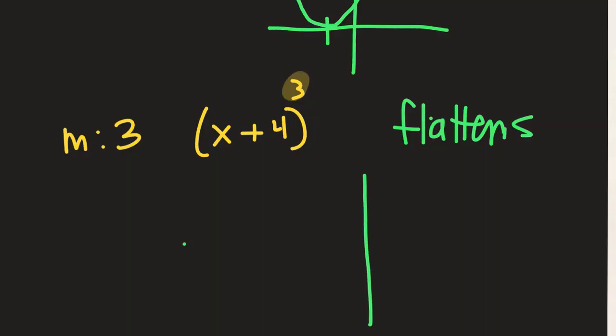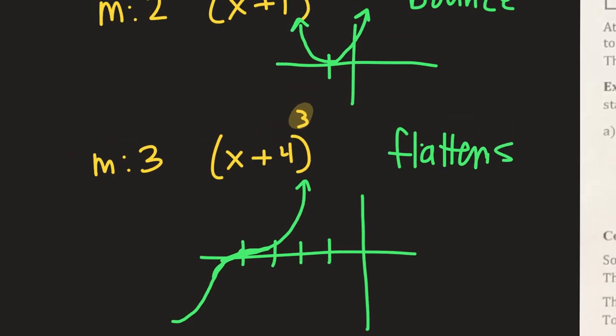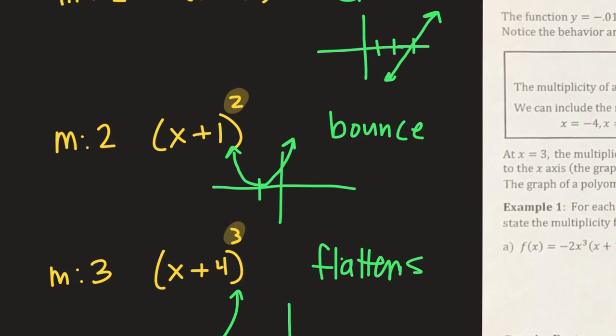So this would be over here at negative 4. 1, 2, 3, 4. And it would come up like this, and it would flatten. So it would cross, but in a flatter manner than your normal crossing. Your normal crossing is going to be fairly vertical, whatever that slope happens to be. This one crosses very flatly, if it has a multiplicity of 3.